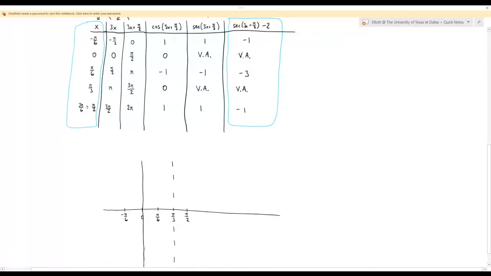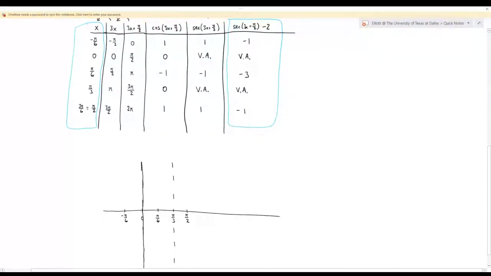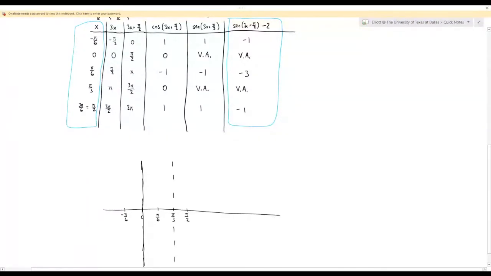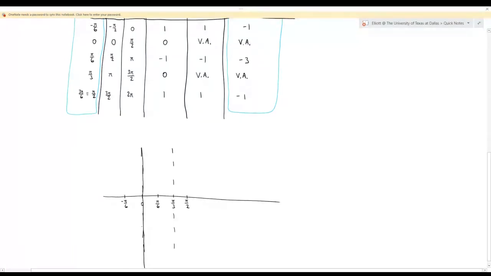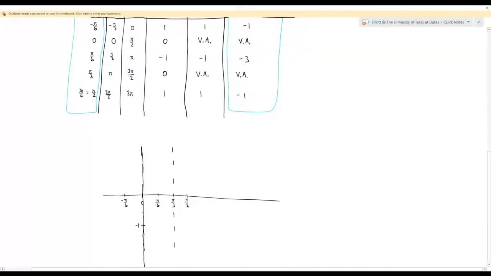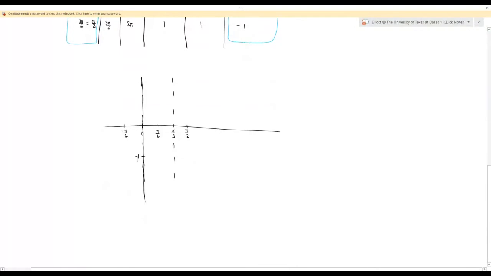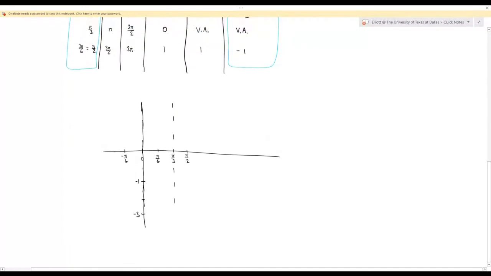So I'm drawing my vertical asymptotes here first. And then I have some points at -1, -3, -1. So let's maybe mark this as -1. Let's say that's maybe -3 down there.